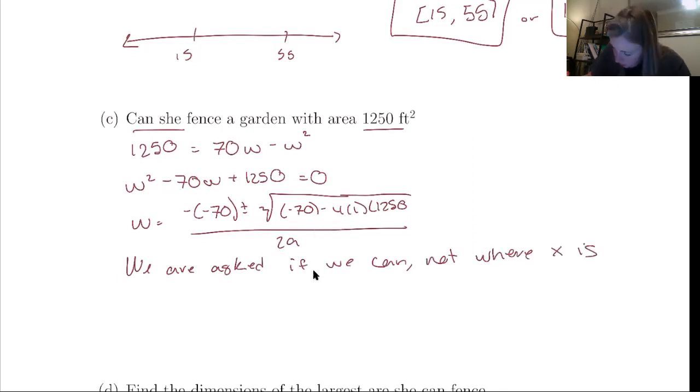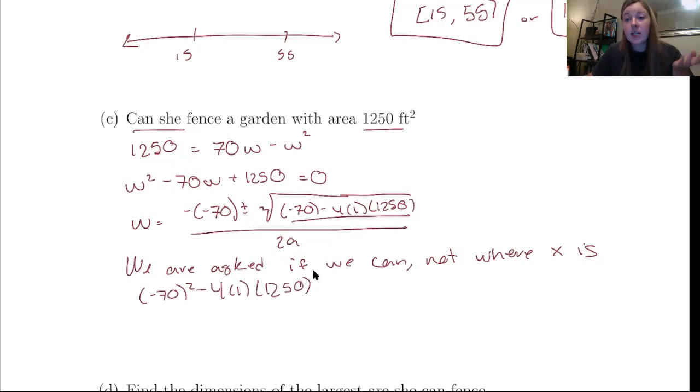I just need to know if the discriminant, B squared minus 4AC, is greater than or equal to 0. Because if it is, I have a real solution. And if it's not, I have an imaginary solution. And I can't imagine a garden. I mean, I can, but I can't make an imaginary garden. I would look like a crazy pants.